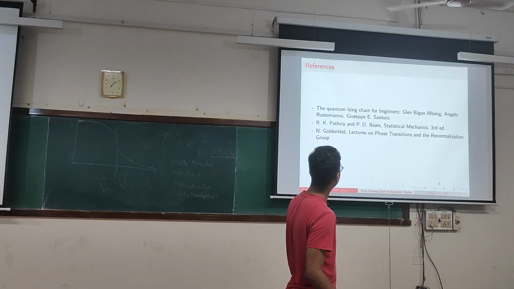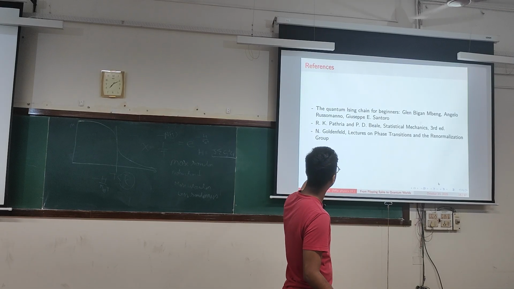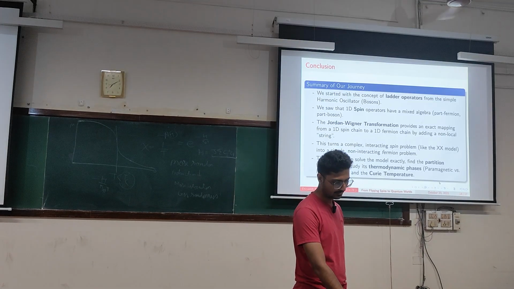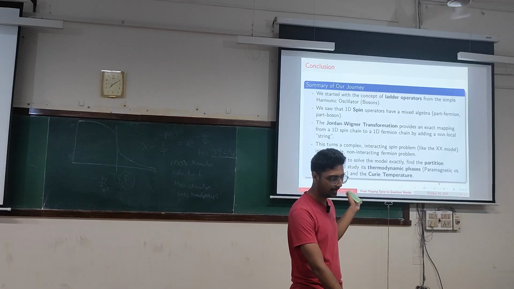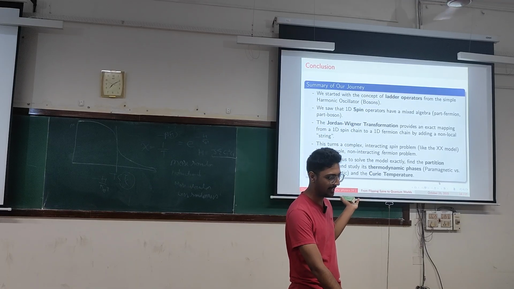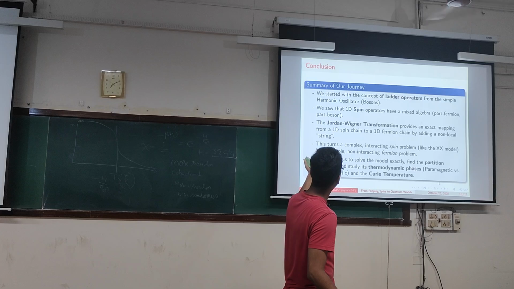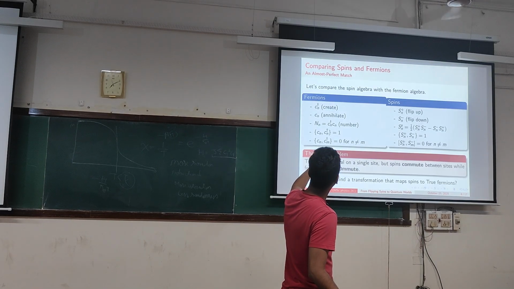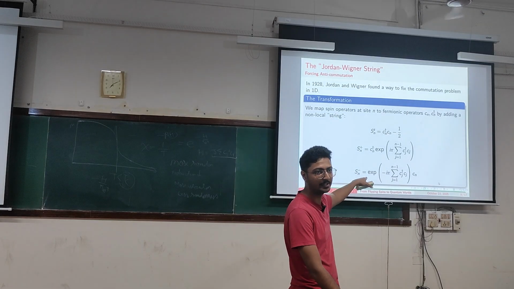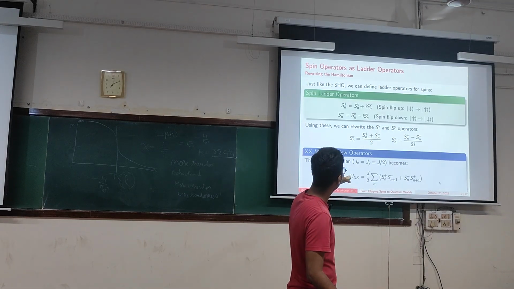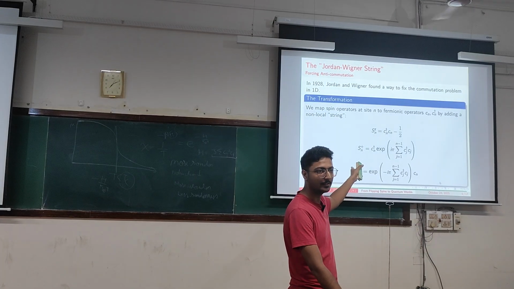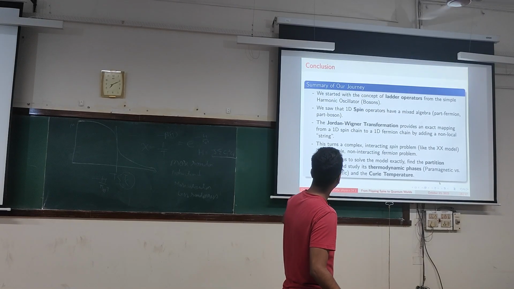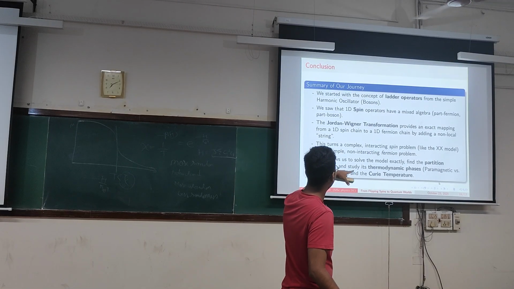The quantum Ising model for beginners and this statistics. So we have tried to see the concept of the ladder operator, 1D spin, and the Jordan-Wigner transformation. In this Jordan-Wigner transformation we included the parity of the spins and turned complex interacting spins into non-interacting fermions.